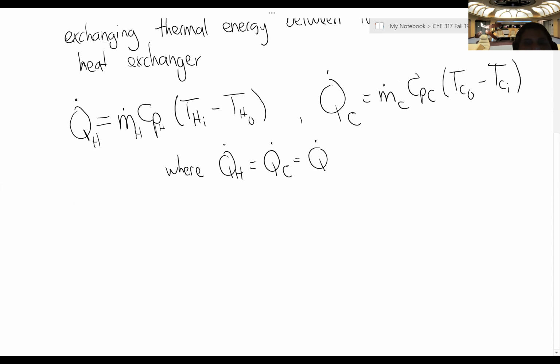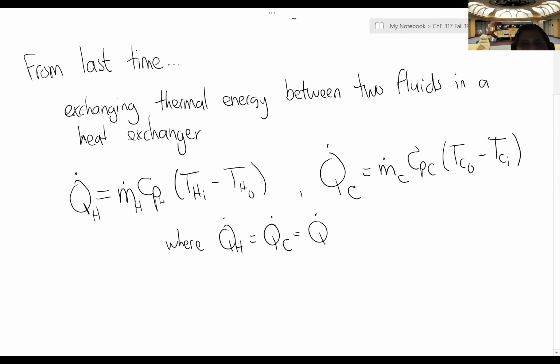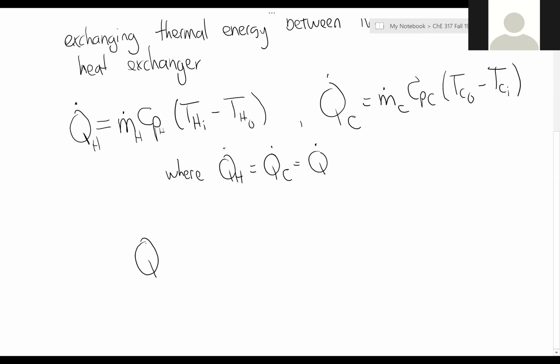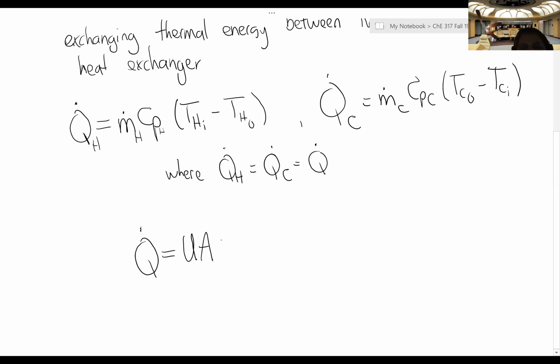And we also stated that when looking at heat transfer via a heat exchanger, we can rely on our design equation for heat exchanger that says Q is equal to U times A times F times delta T log mean.